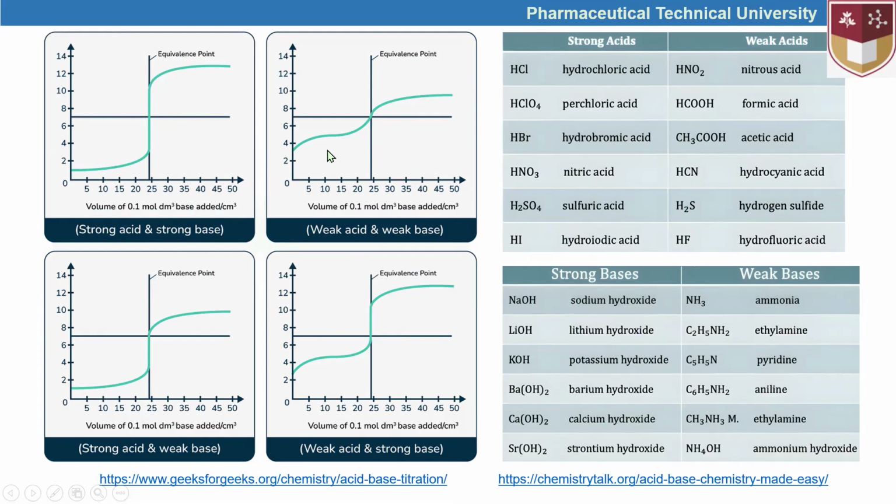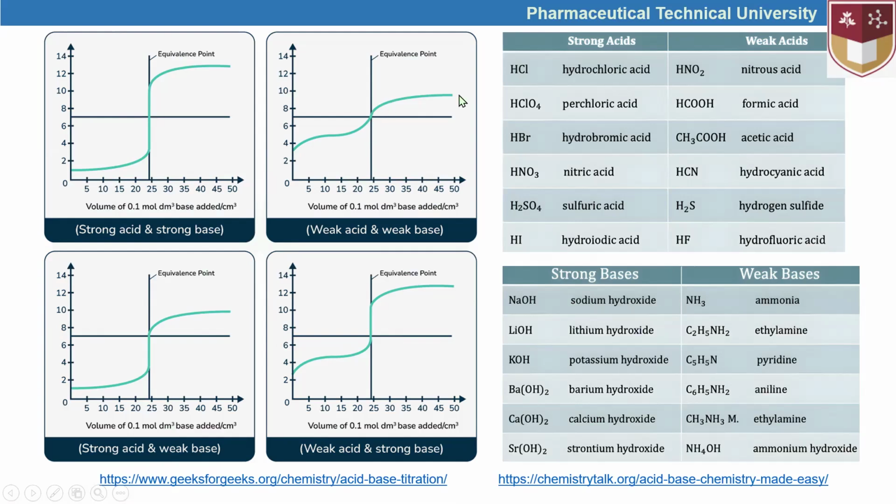This is an example of a titration between weak acid and weak base. As you see here, the weak acids might form the pH around 4. So as we add the weak base, kind of linear change can be observed until pH 7.